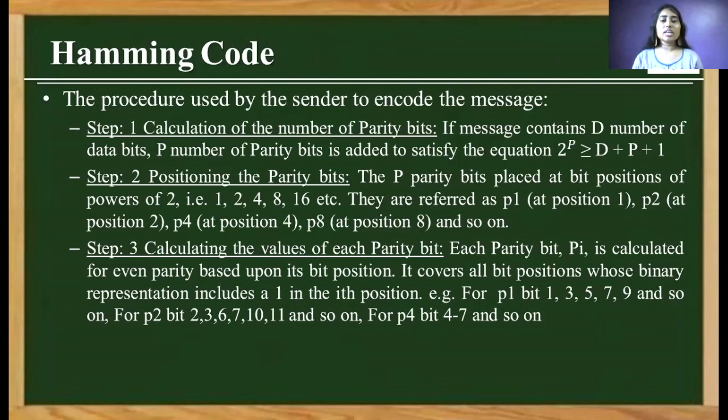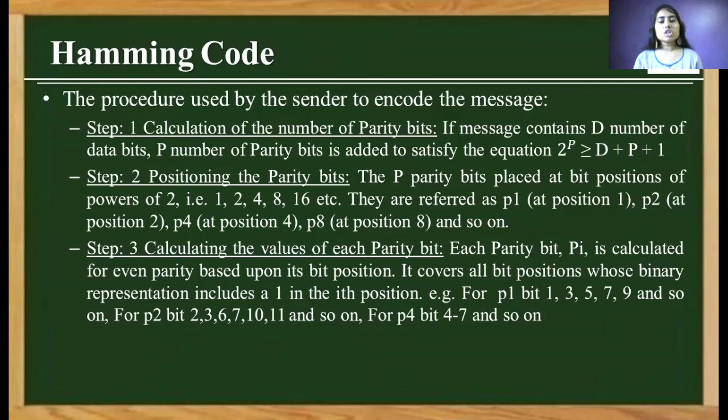After deciding the positions of the parity bits, we have to calculate the values of the parity bits. Each parity bit Pi, that is P1, P2, P4, is calculated for even parity. In Hamming code, we use even parity. So Pi is calculated for even parity based upon its bit position.